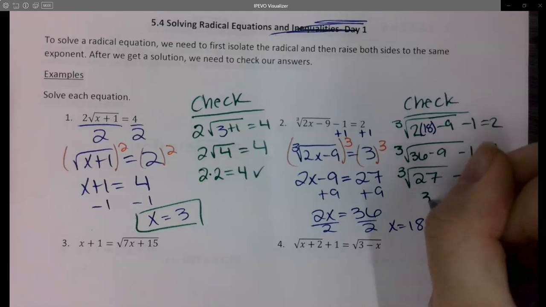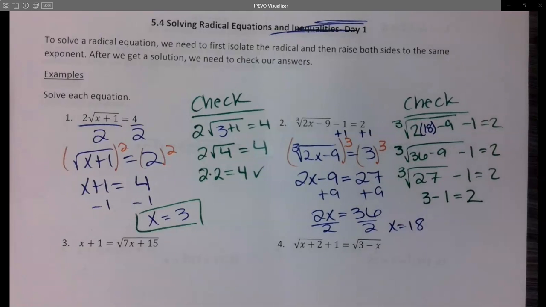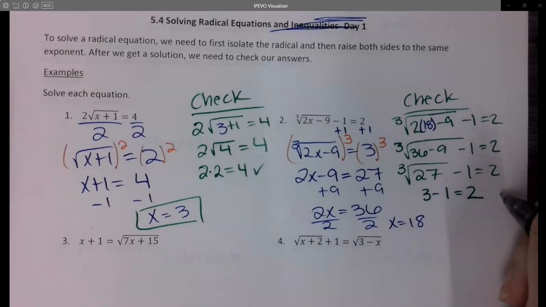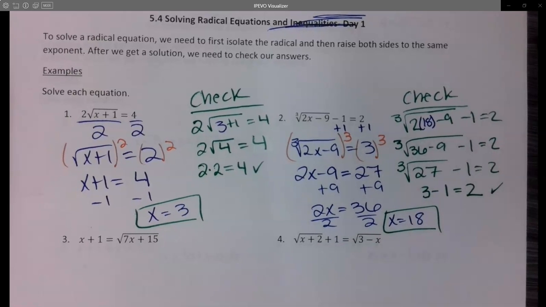Cube root of 27 is 3. And 3 minus 1 is 2, so this answer works.